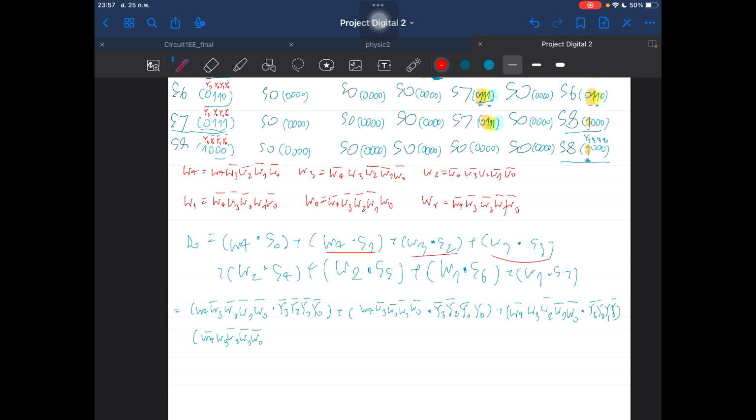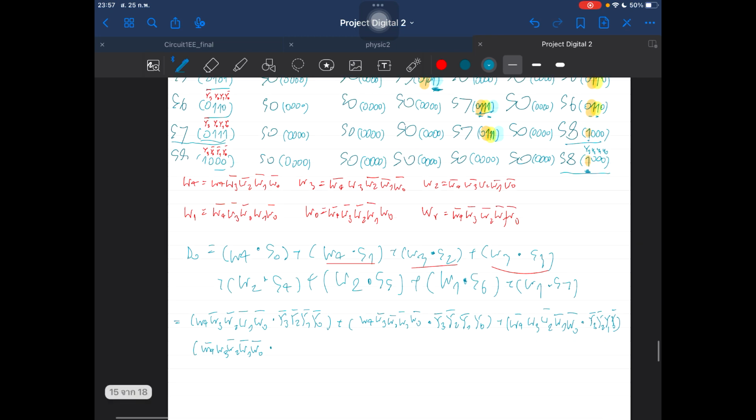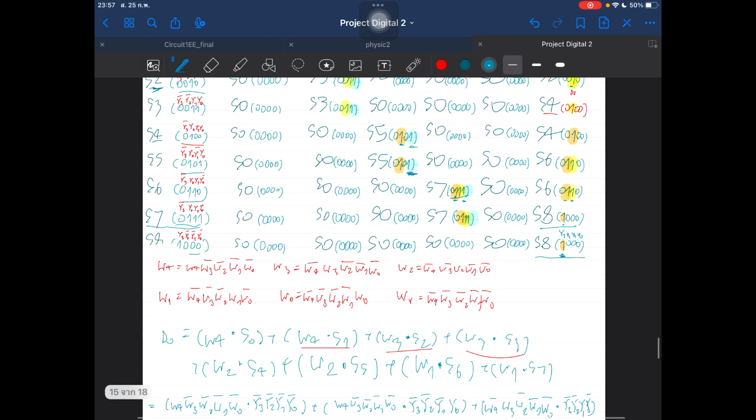First, W3 is W4 that, W3, W2 that, W1 that, W0 that. Then state 3 name is Y3 that, Y2 that, Y1 and Y0.